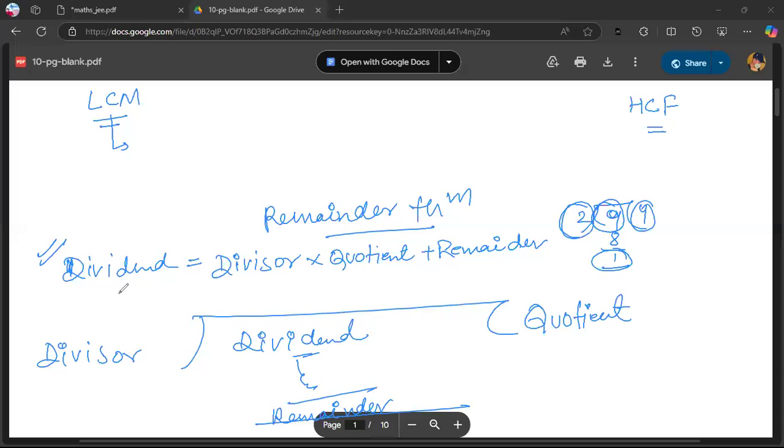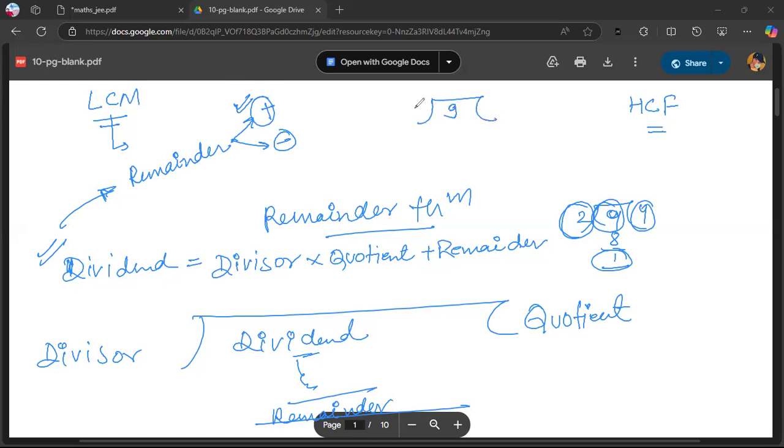And there's one more thing: remainder can be of two types. It can either be positive or negative. But mostly whenever we have to find the remainder in questions, we consider the positive value. Sometimes it can also be found negatively.